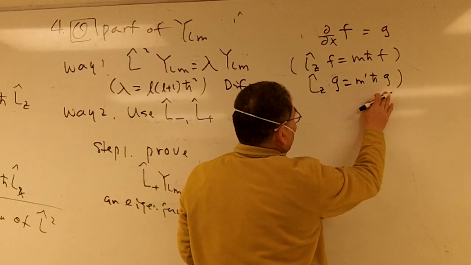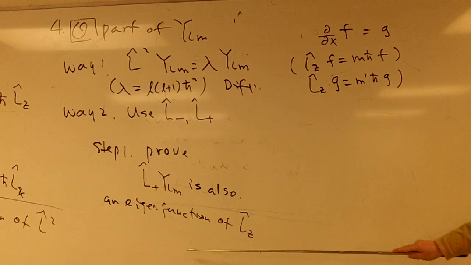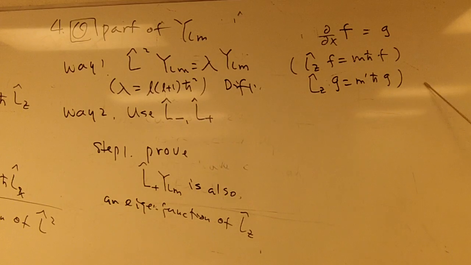This g itself is also an eigenfunction of Lz. So f is an eigenfunction, but whenever the operator is applied on f, the result is also an eigenfunction. This is denoted by g. So that's the equation like this. So in other words, this statement just means this part.